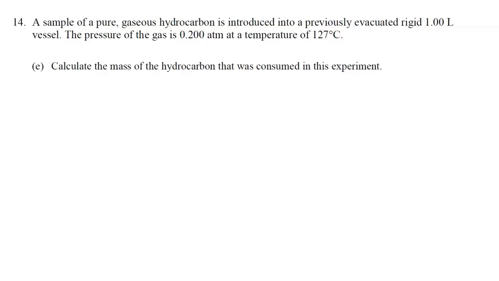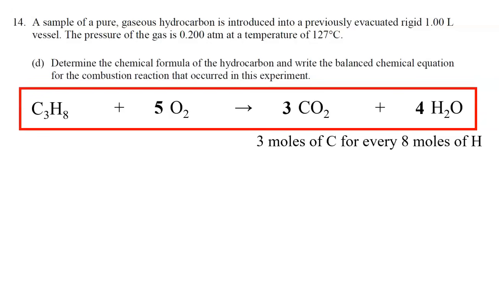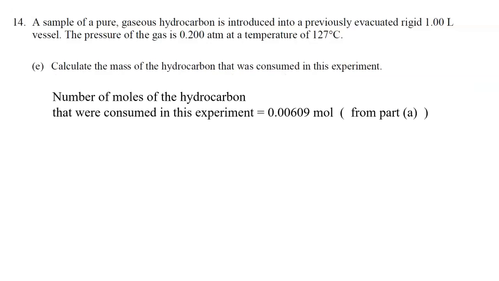Part E says calculate the mass of the hydrocarbon that was consumed in this experiment. Now, initially the hydrocarbon was unknown, but now we know that this hydrocarbon is C3H8. The number of moles of the hydrocarbon that were consumed in this experiment, going back to part A, was 0.00609 moles.